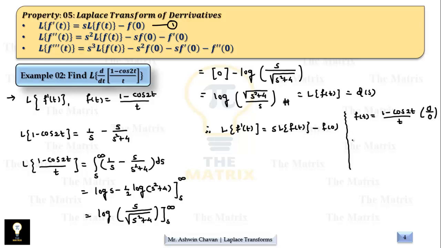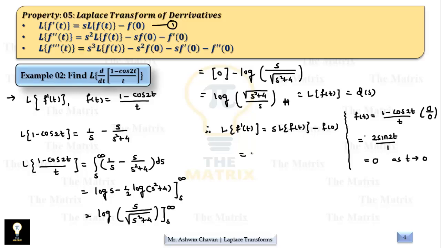So using L'Hopital rule, before applying the limit, we take the derivative of the numerator, that is 2 sin 2t, upon 1. When we apply t equal to 0, sin 0 is 0 in the numerator and the denominator is 1, so overall we get 0 as t tends to 0. So using L'Hopital rule we get the function value at t equal to 0 as 0.